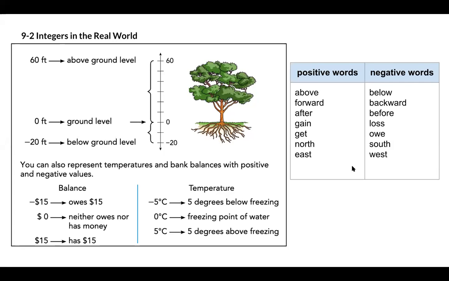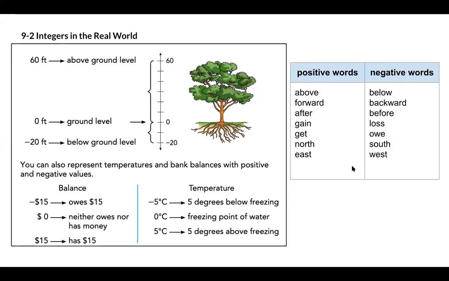But if you look at a situation that maybe contains a negative word, like the diver was researching at 50 feet below sea level. So when I say the word below, you're thinking that it is underneath the origin, right? Or lower than the origin.